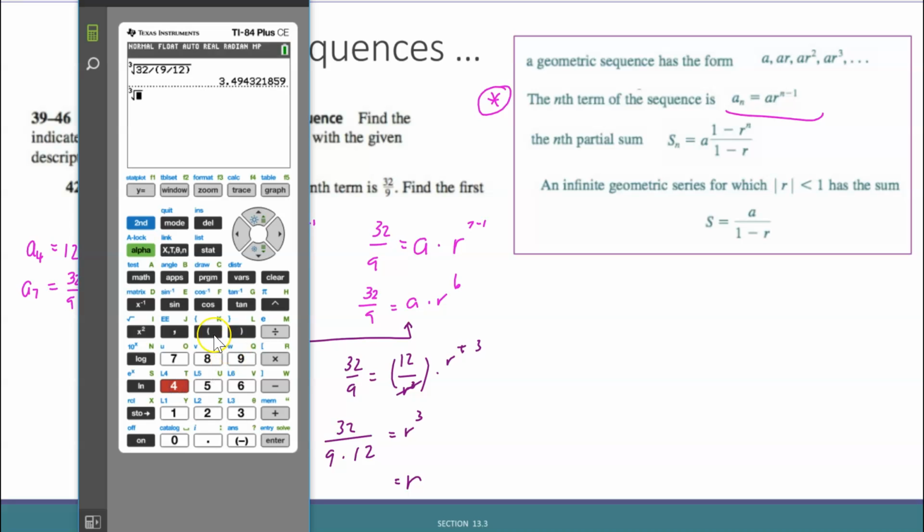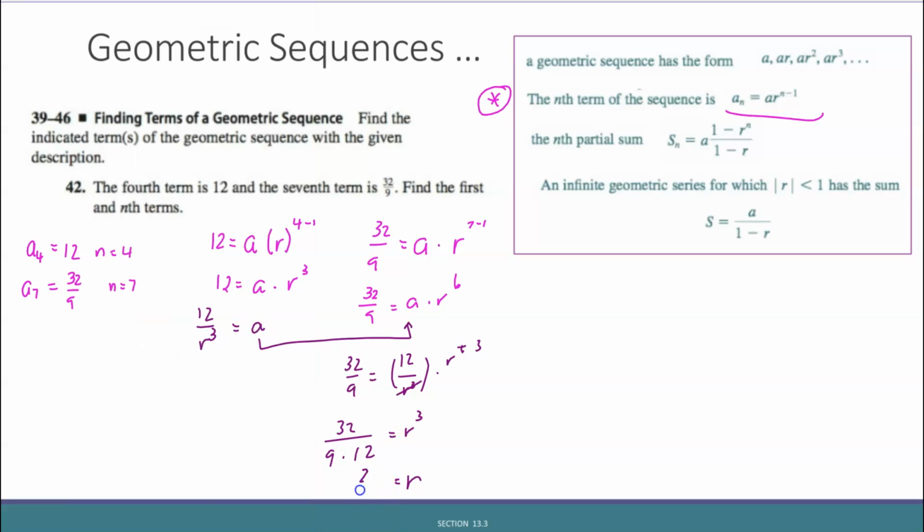So we have 32 divided by 9 times 12, and then we'll say math fraction. What I did in the first attempt is I did a divide when I needed a times, 9 times 12 in that denominator. So our R value is 2/3.